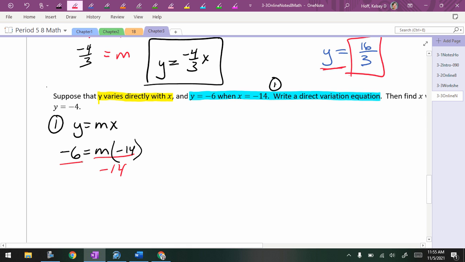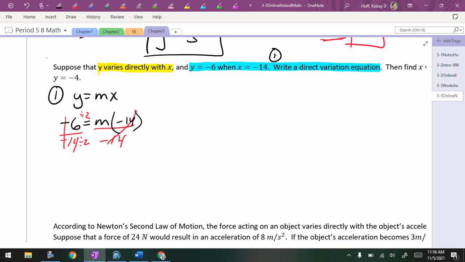Divide both sides by -14. Now, a negative divided by a negative is a positive. 6/14, or 6 divided by 14, is a decimal. What can I divide out of both? 2, you said? So you end up with 3/7.